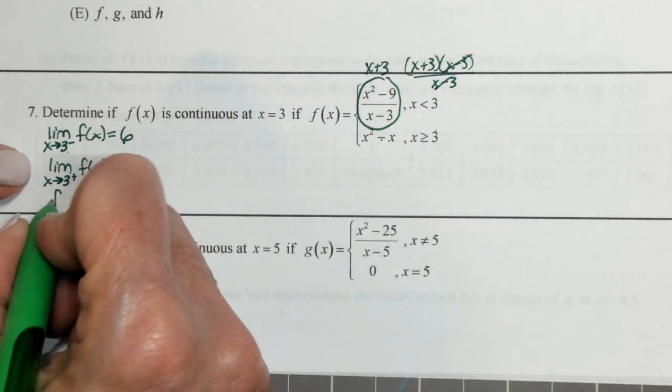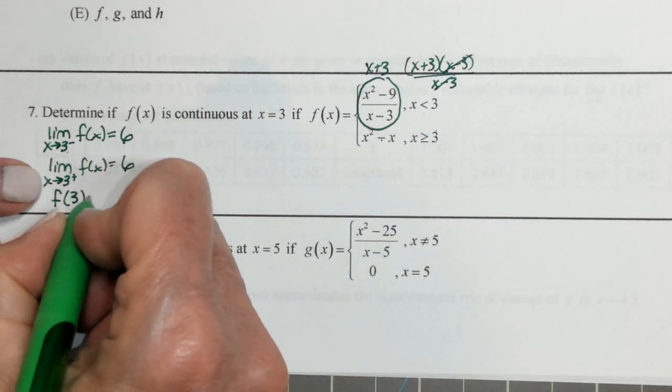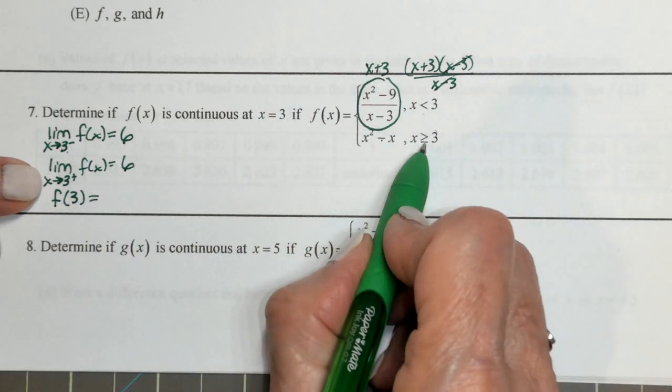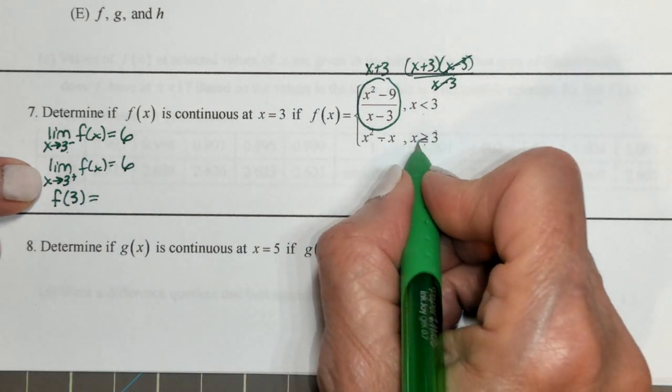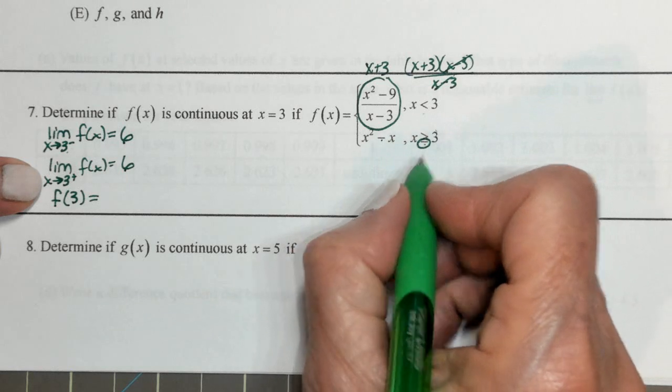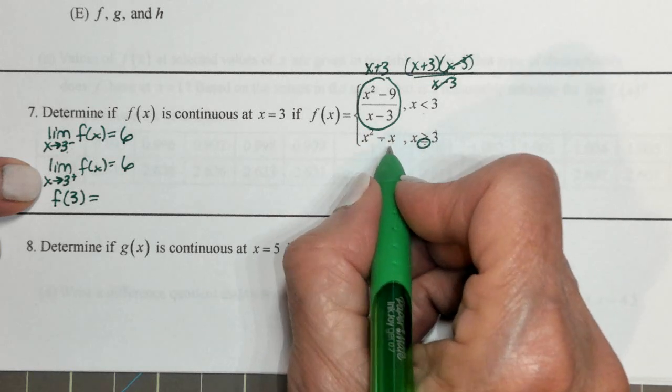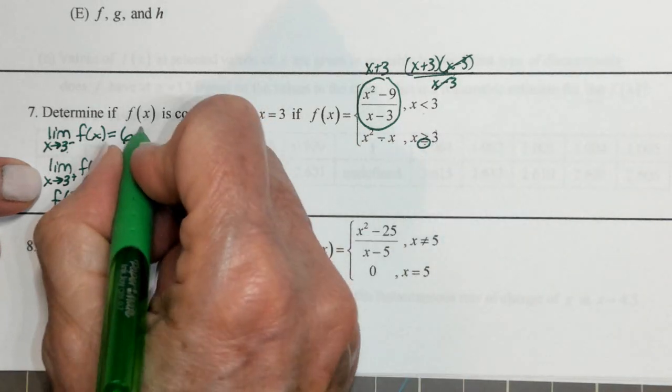And now I must say what f at 3 is. What is f at 3? Well, f at 3, we use this piece because it's the first time that we've used that equal to. We're putting 3 in for that, and of course that's going to be 6.